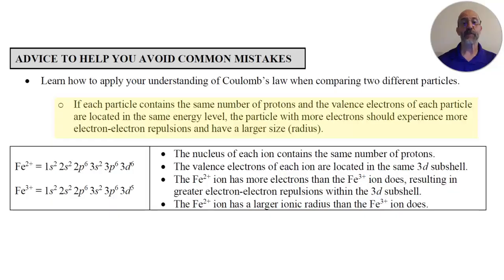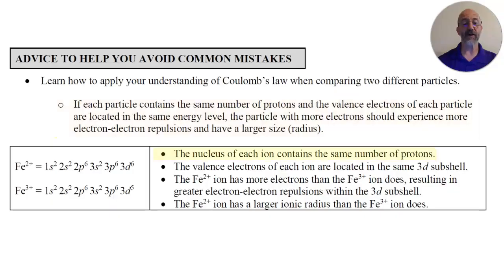If that's the case, the particle with more electrons should experience more electron-electron repulsions, and as a result of those repulsions, it would have a larger size or radius. So in this example, we have Fe2+ and Fe3+.